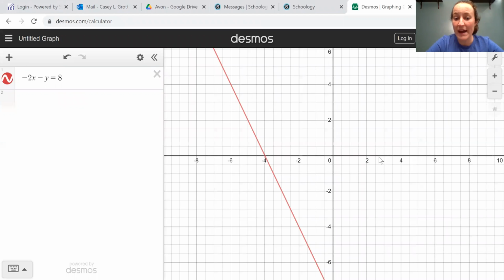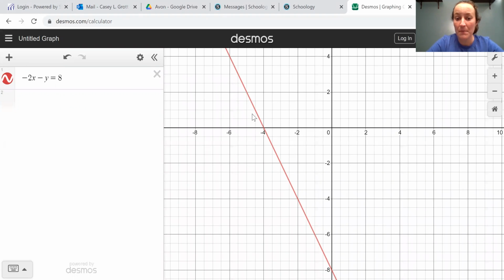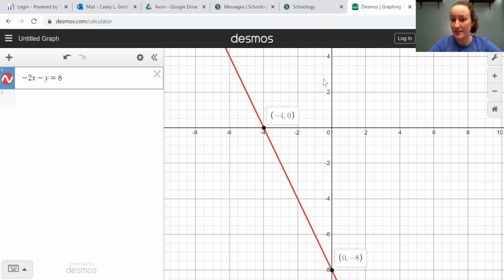If we graph that line, my x-intercept is -4, which is what we found using the finger method. And my y-intercept is -8, which is what we found using the finger method. So we're still looking at graphing lines, guys. The finger method just lets us kind of cheat in finding 2 of those points to be able to use.